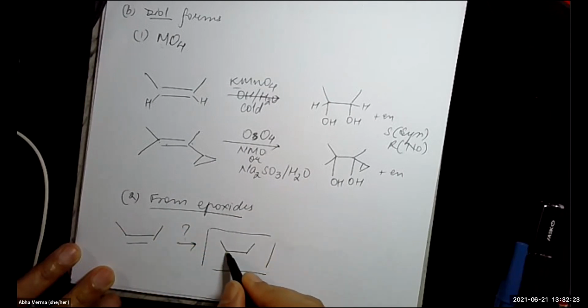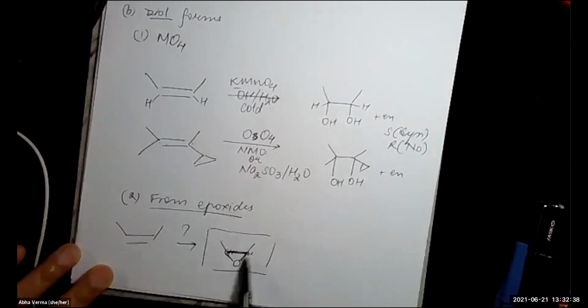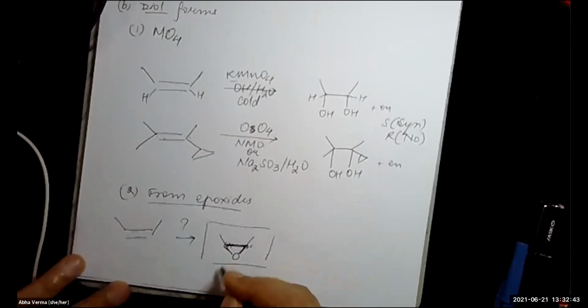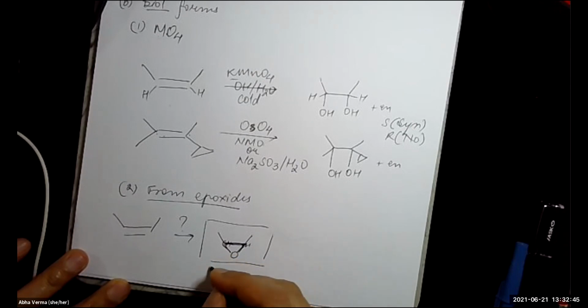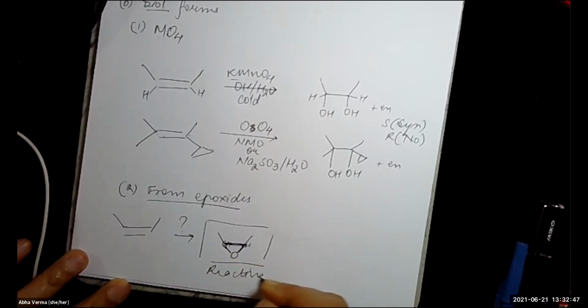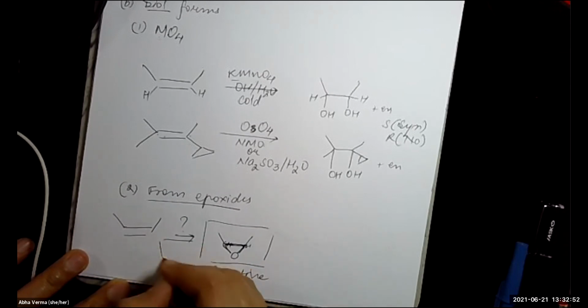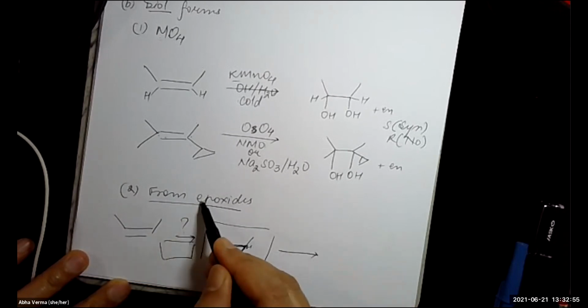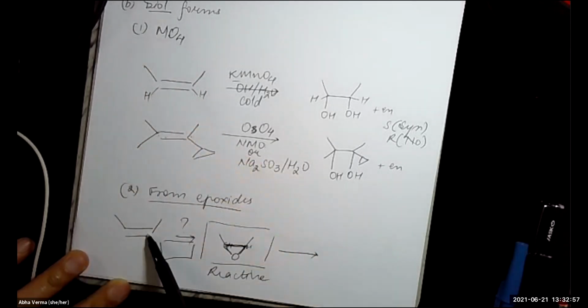An epoxide is a CC bond with an oxygen inserted between an alkene. So across the alkene, when you have an oxygen sitting between them, now this is quite stable but still reactive, more reactive than the alkene. How is this formed? We are going to look at it in a minute, but the diol, we are working on diols, right?